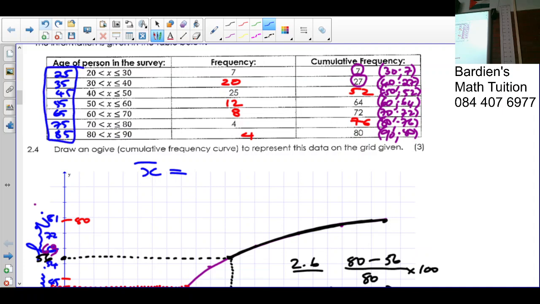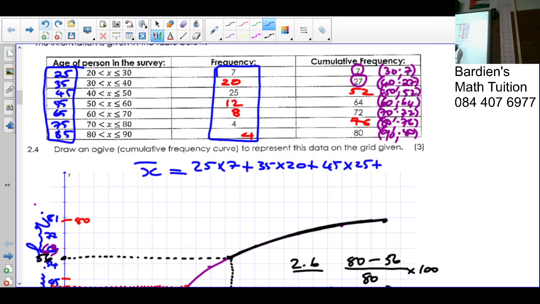Okay. And what's the frequencies of the given classes? There it's given. So what we do is we say 25 times 7 plus 35 times 20 plus 45 times 25 plus 55 times 12 plus 65 times 8 plus 75 times 4 plus 85 times 4.